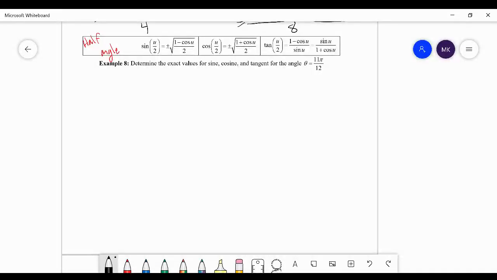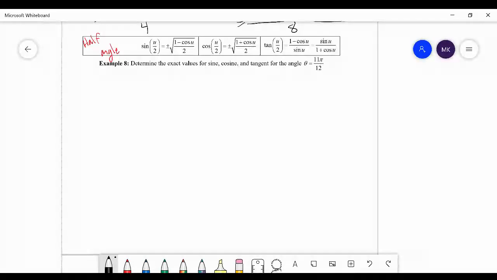Now, if you remember, our very first problem in 7.4 was to find sine, cosine, and tangent for 11 pi over 12 using angle sum and angle difference. We used angle sum in that problem. But now I want to do it using half angle identities.